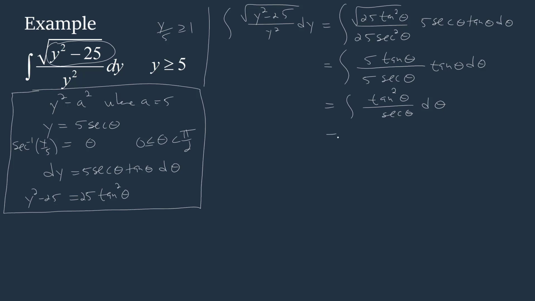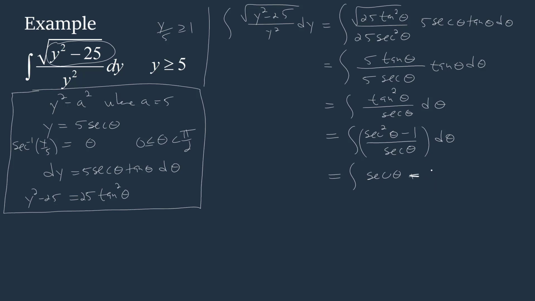This would then be equal to the integration of secant squared of theta minus 1 all over secant of theta d theta. I can then divide the secant into each term to get the secant of theta minus, well, it would be 1 over secant. Oh, not plus, it should be minus.